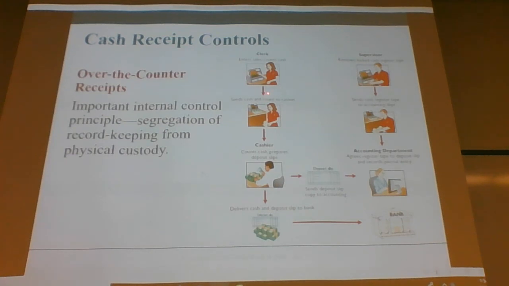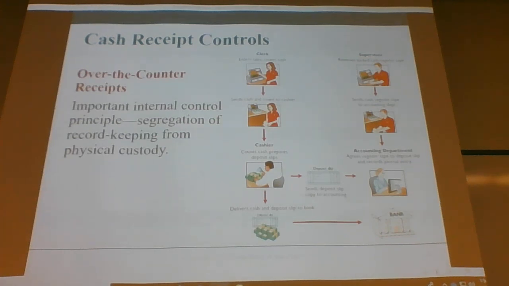But this clerk is going to send that cash to the cashier to be counted and prepares a deposit slip. Over here we have a supervisor who's getting the register tape out. That register tape is going to have a record of all of the day's transactions. That register tape is sent to the accounting department, who makes actual accounting entries into the accounting information system.